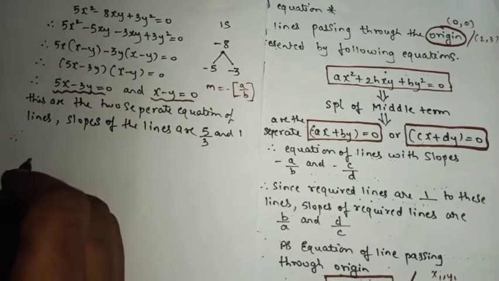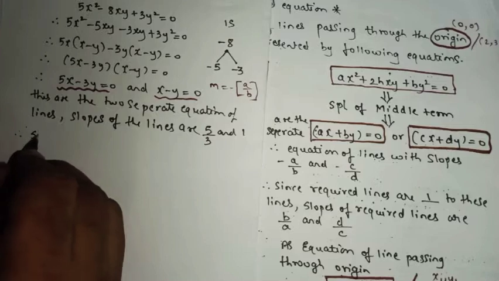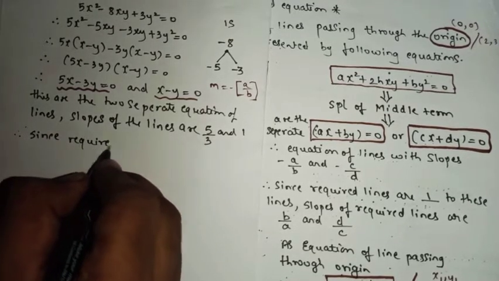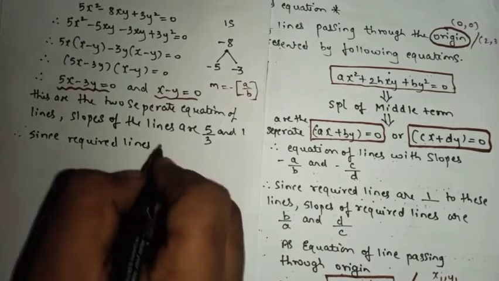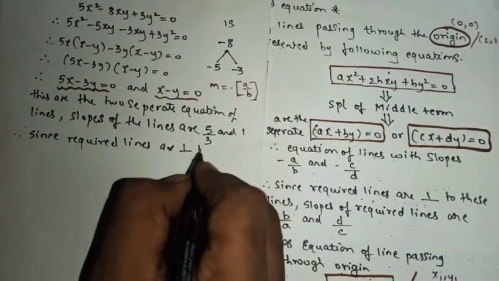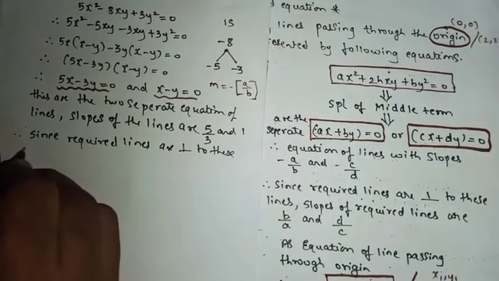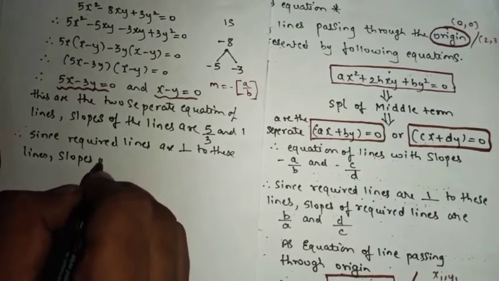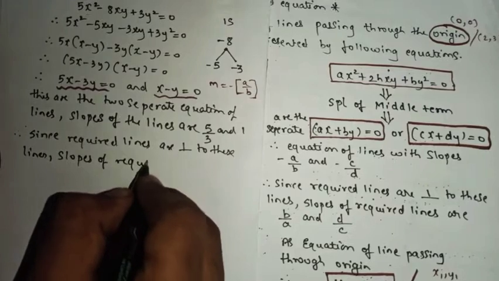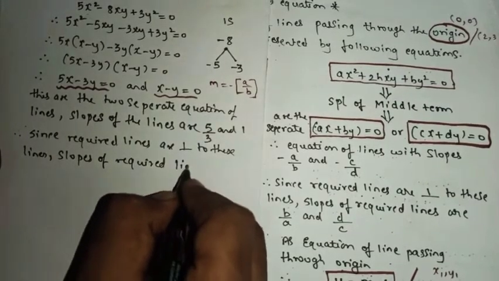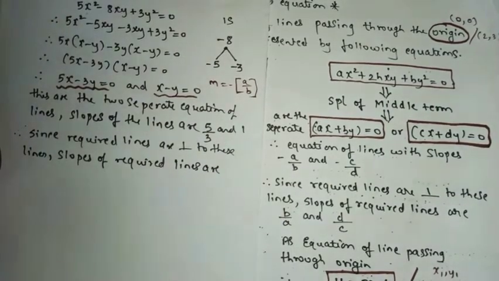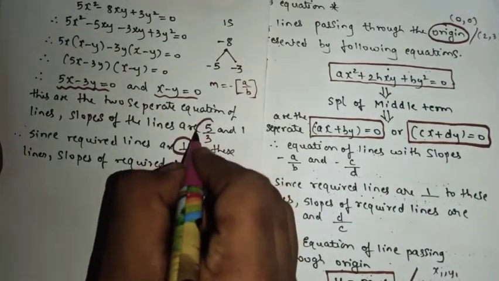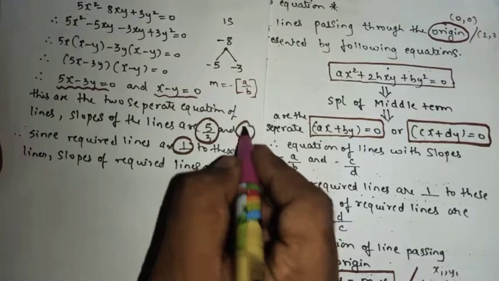So now we know that since the required lines are perpendicular to these lines, the slopes of the required lines are, as we know that it is perpendicular, so whenever it is perpendicular, we take the reciprocal of the value with the opposite symbol.